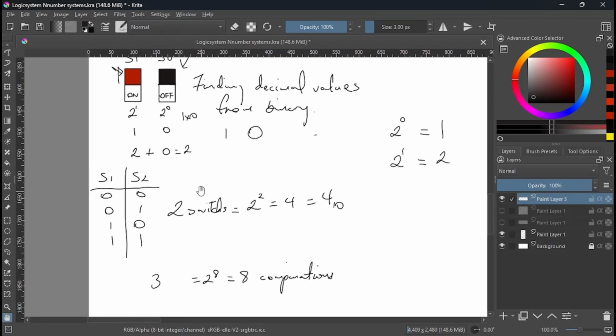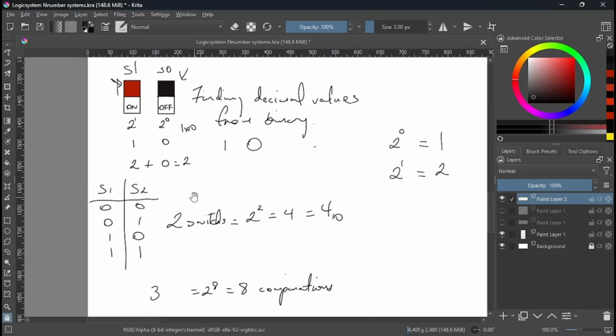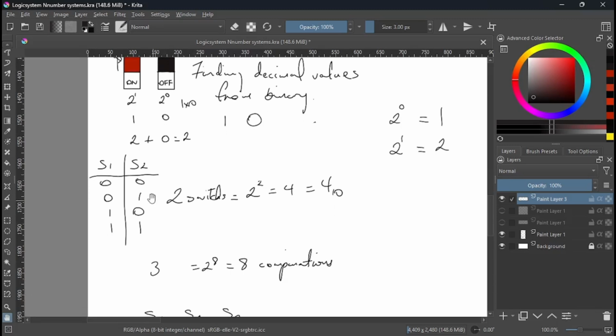So the number of combinations we could get from two switches will be 2 squared, which is equal to 4. I put 4 base 10 to say that this 4 is a decimal value, meaning the normal number system we always use. Here I have S1 and S2, but I really meant S0 and S1.